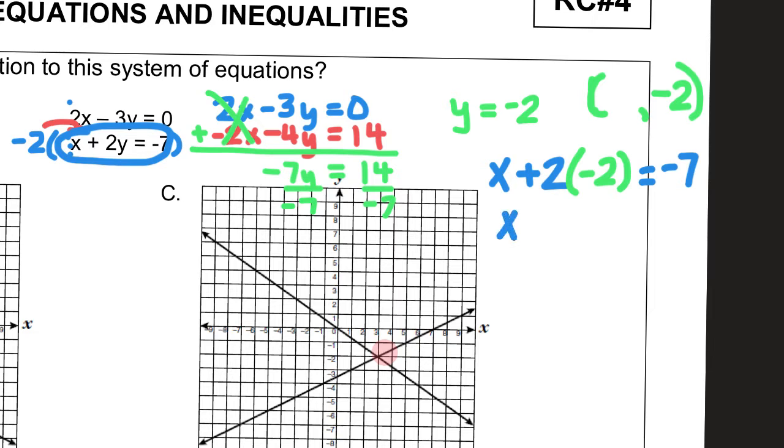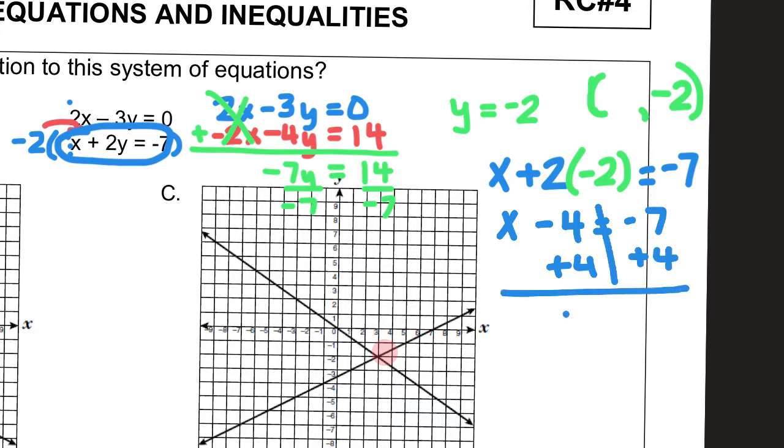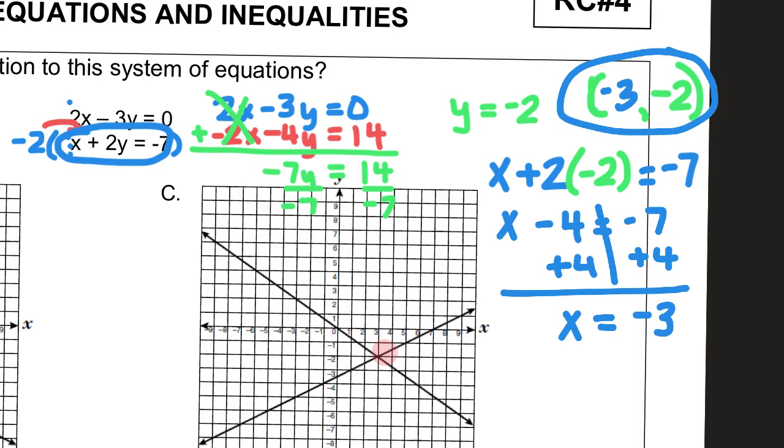So we have x minus 4 equals -7. I'll add 4 to each side so that we can isolate our x. And x is equal to -3. So going back to my point up here, I'm looking for the point -3, -2.